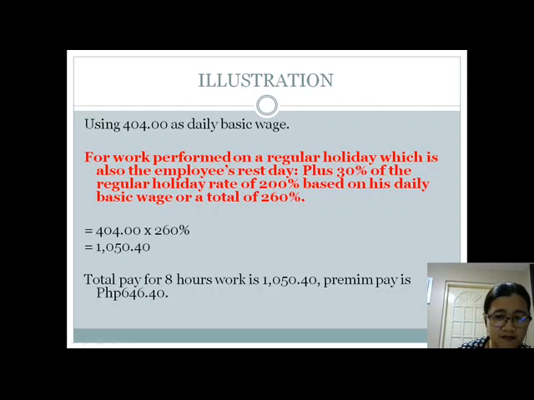So instead of receiving 404 for 8 hours of work on that regular holiday, which is also the employee's rest day, your premium pay there is 646.40. So it's bigger, no, compared to your regular daily rate for 8 hours.